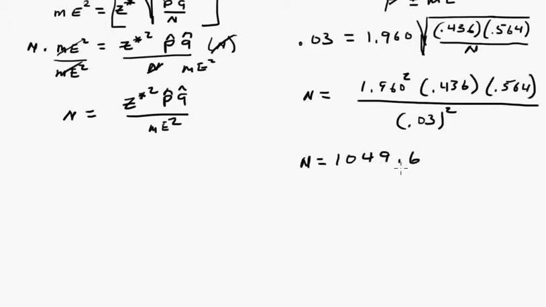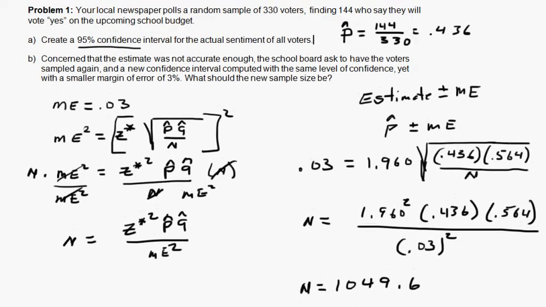So even if this was 0.2, you would round up, because again, what we want is the smallest necessary sample, but not any larger. So 1050 samples is what we should take.